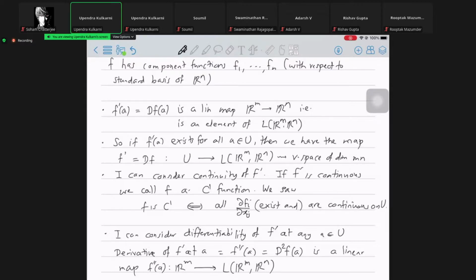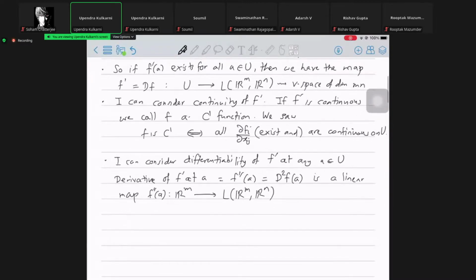Exactly. So you see the component functions of f prime as a map from U to L are precisely the partial derivatives del fi by del xj, evaluated at various points.